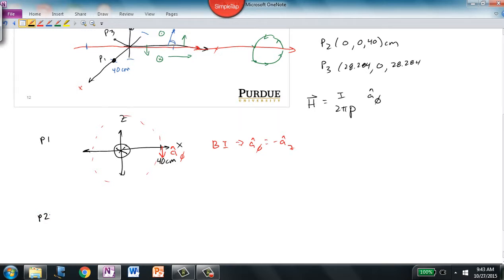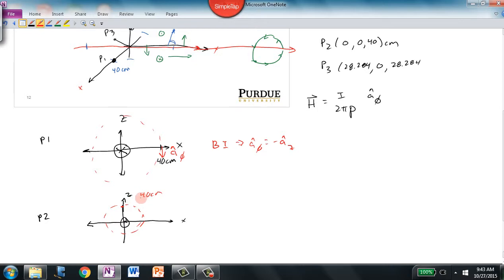So let's do the same analysis for point P2, which was at 0, 0, 40. So again, we're looking at the xz plane, and again, the current's pointing in. This time we're looking at 40 centimeters in this direction. So we've got some sort of magnetic field that's circular there.